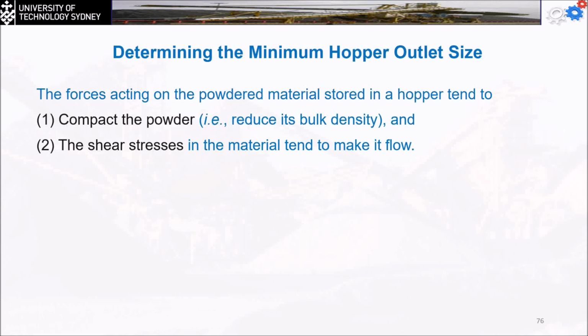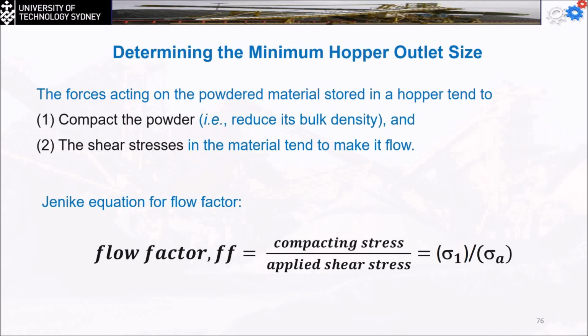Now, I think you remember something from last week when we talked about the flow factor. We said that if the flow factor is going to be more than 1, we're going to have the flow happen. If it's going to be less than 1, we're going to have the cohesive. So the material will start to get stuck if the value of the FF is going to be less than 1.